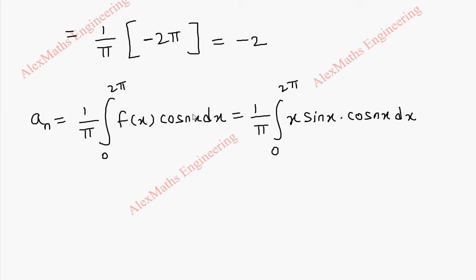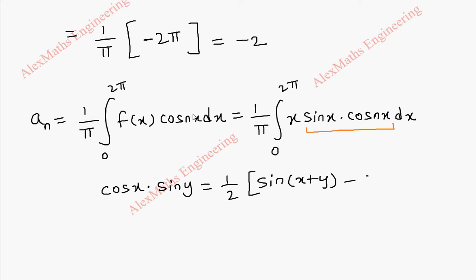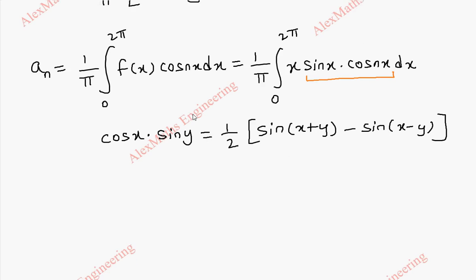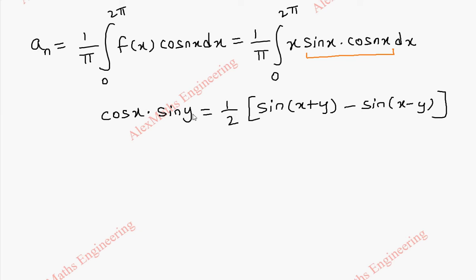So we are going to use a trigonometric formula, writing this product as a sum of terms. The formula is, when you have cos x into sin y, this is half sine of, you have to add both the angles, minus sine of, you have to subtract both the angles. So we are going to take this term as a first term and this term as a second term.